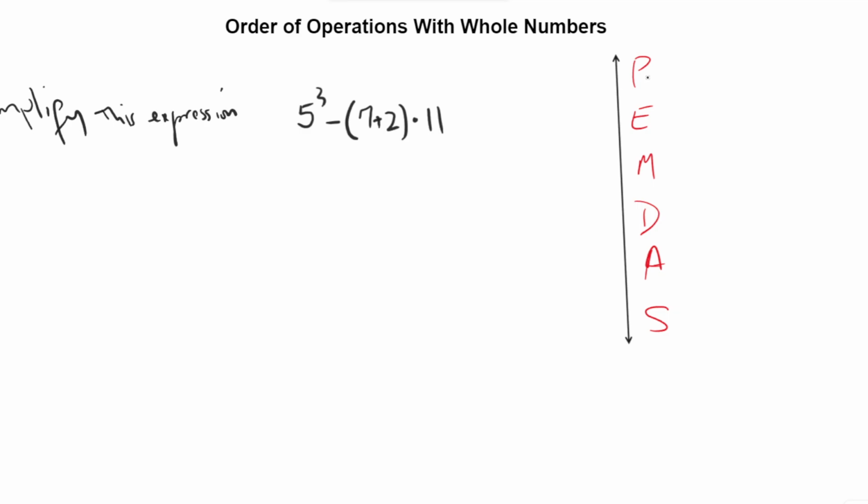The P here is for parentheses, and so you're going to do parentheses first. The E is for exponent.